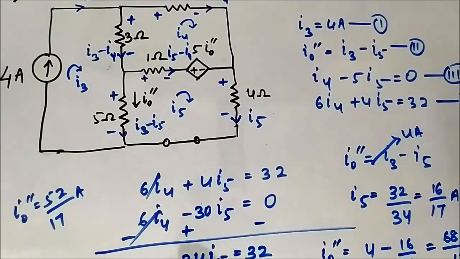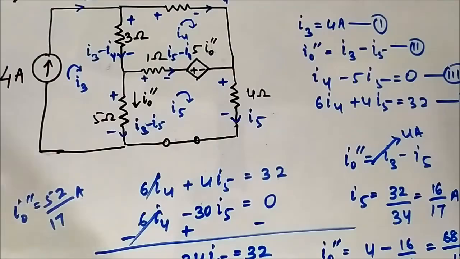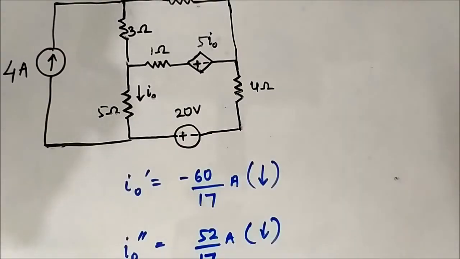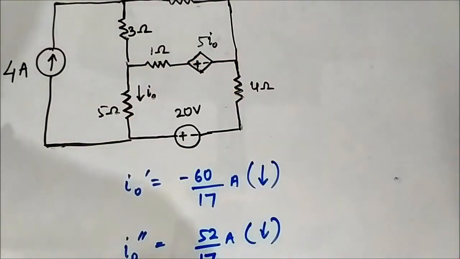We had calculated I0', the other case. Now we have to just add these two values to get the final current. So now we will determine the value of this unknown current, which was our main objective.